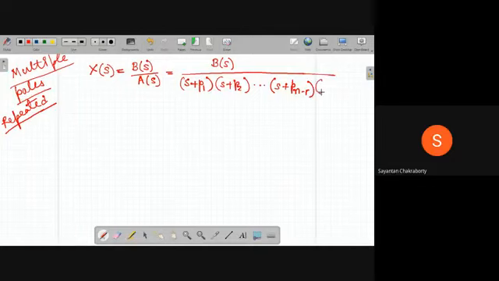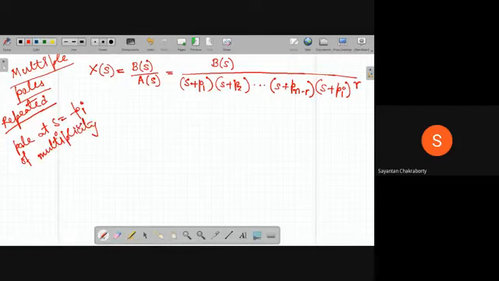After that, we have s plus pi to the power r. So you can say there is a pole at s equal to minus pi of multiplicity r. Okay, so how to deal with such factors when you have a factor like this?